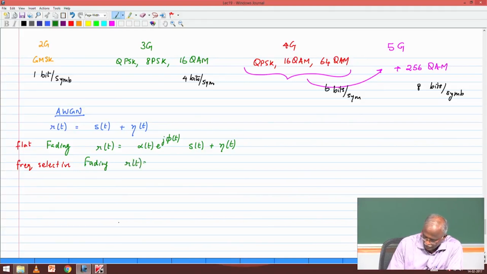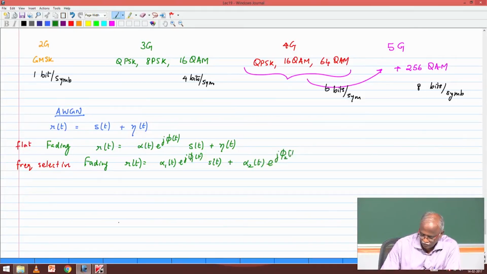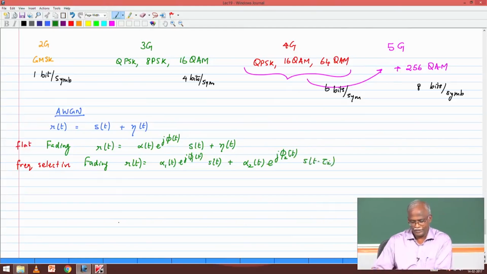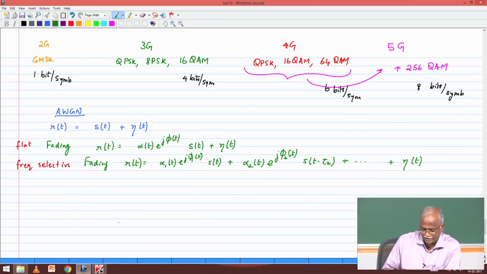So r(t) is equal to alpha_1(t) e^{j phi_1(t)} s(t) plus alpha_2(t) e^{j phi_2(t)} s(t minus tau_2), some delayed version, plus more terms like this depending upon the number of multipath components, plus the additive Gaussian noise. So the noise is still present, and there is interference happening between the different multipath components, and that is the frequency selective fading channel.